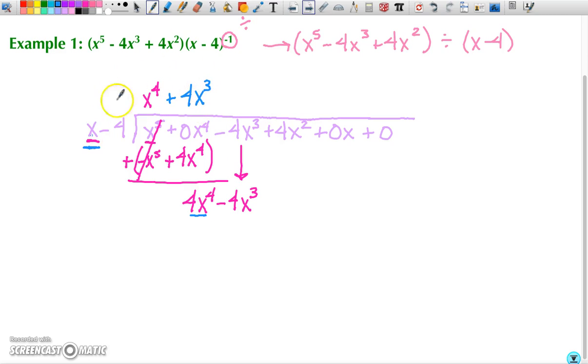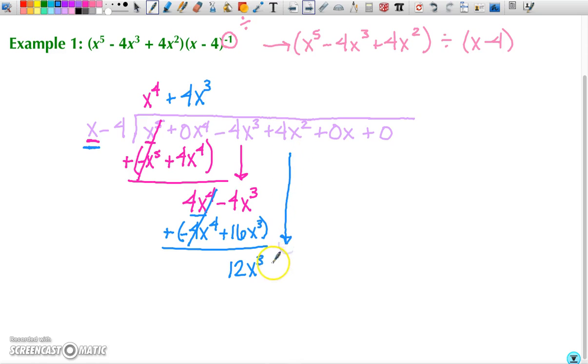So then we go through. 4x cubed times x is 4x to the 4th, and then 4x cubed times a negative 4 is a negative 16x cubed. Again, change this to a plus, minus, plus. So everything's changing signs. This becomes a 0, and this becomes 12x cubed. Then we go ahead and drop down our 4x squared.